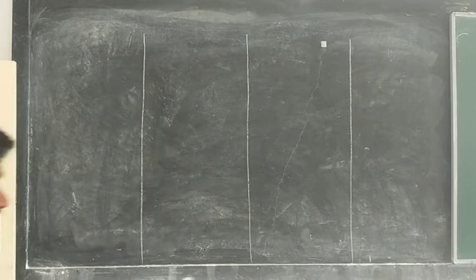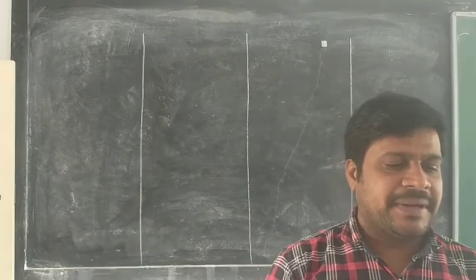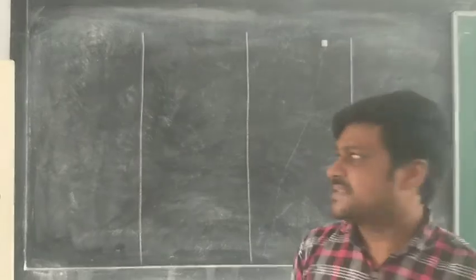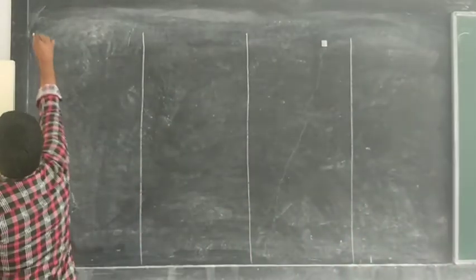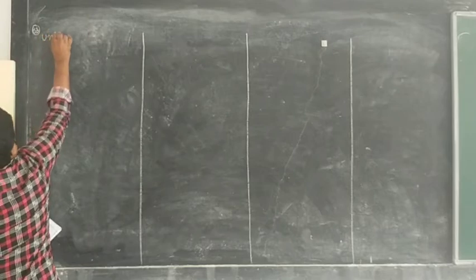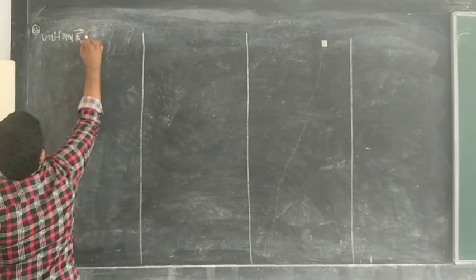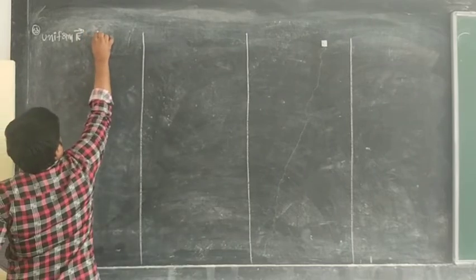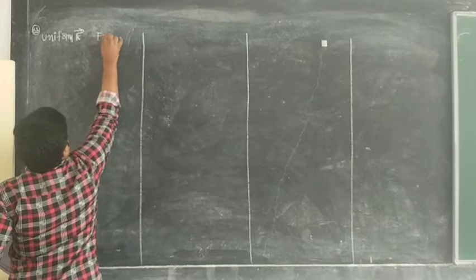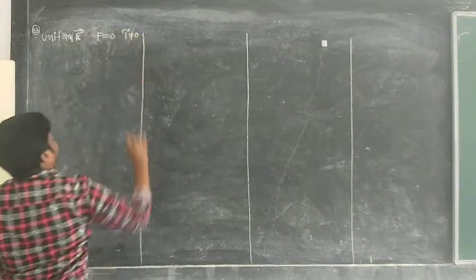Next, 83. An electric dipole is kept in a non-uniform electric field. It experiences, for example, if you see, this is the 83. In a uniform electric field, a dipole experiences a net force of 0, but the net torque is not equal to 0.